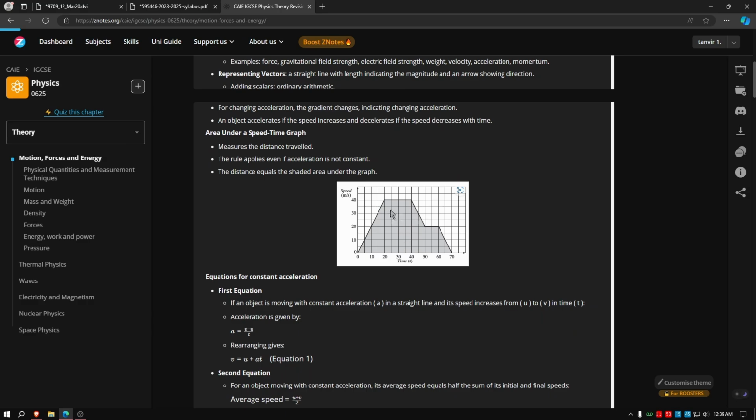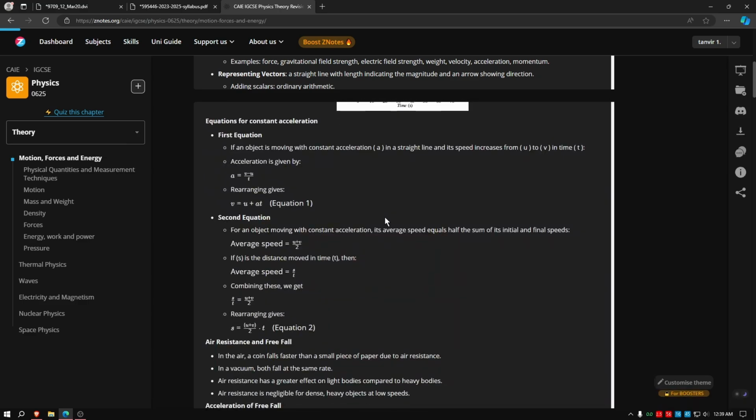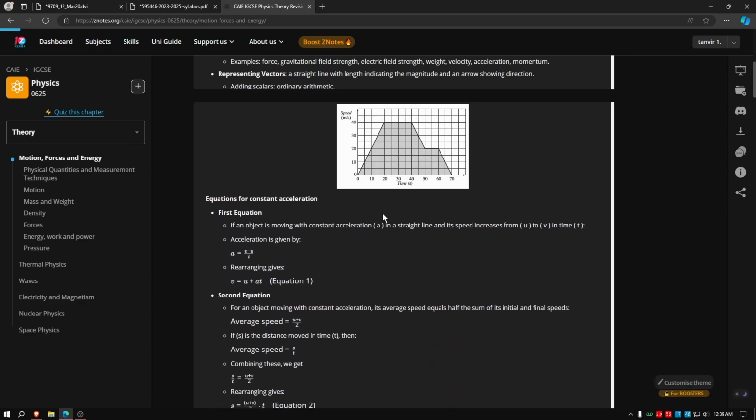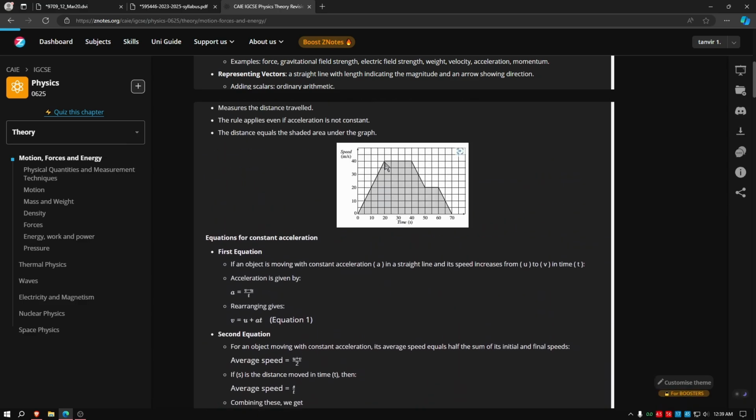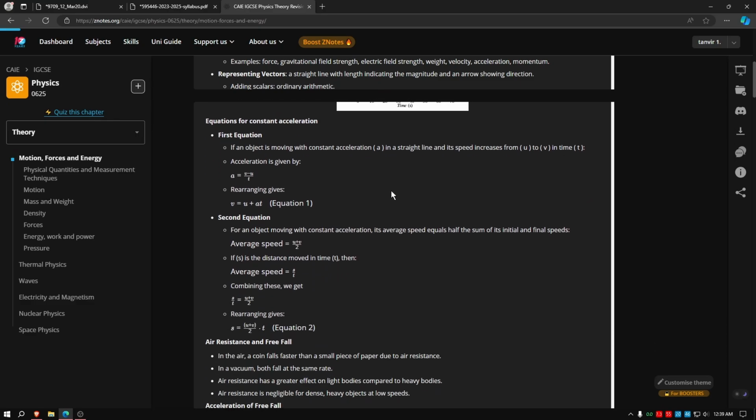But if you take from here to here, from here to here, I don't know, then the average speed would be different. Again, we'll use this in the question paper.